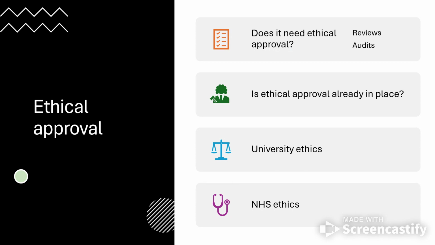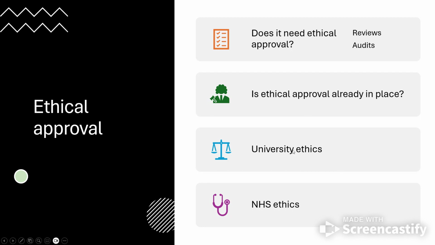The next question to ask, if the study does need ethical approval, is whether there's already ethical approval in place. Is your study a sub-study of a larger study where we already have the ethical approval? Or are you using an existing data source that has overriding ethical approval?